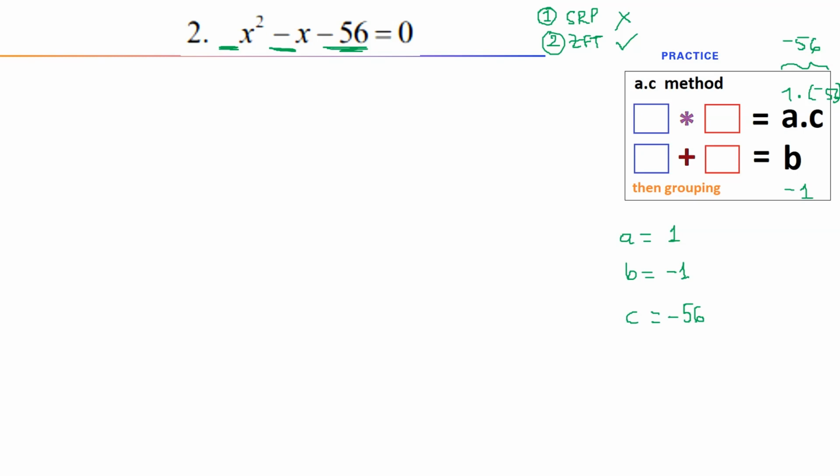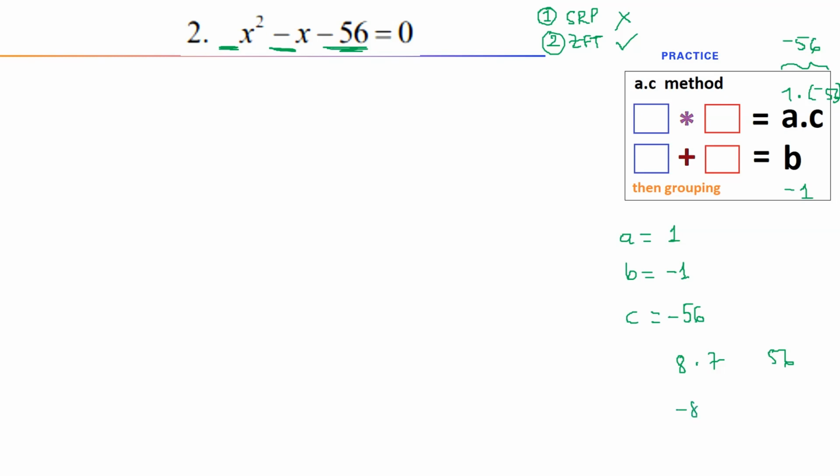So I will have 8 and 7 will make it 56, but I want the negative, so one of them has to be negative. But which one? The sum of them is negative, so the bigger number has to be negative, because when you add them up, the bigger number compensates with the smaller number to make a negative number.